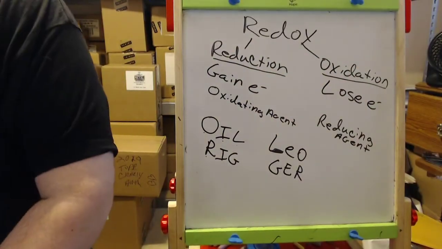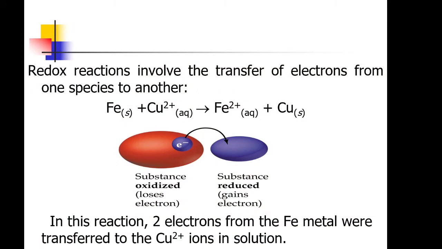So if we go back to our slide and look at this, iron's going from no charge to +2. It went from 0 to positive, therefore it had to lose electrons. So iron is being oxidized.